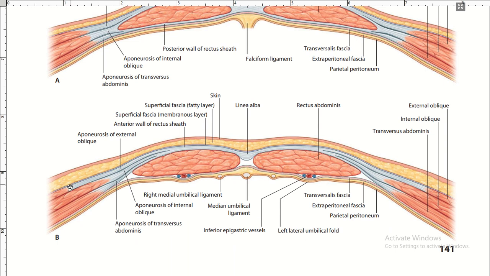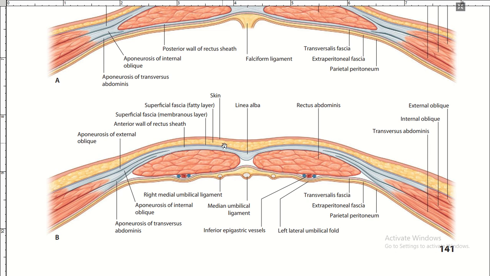You have your rectus sheath only in the anterior wall, but it will be absent in the posterior wall. So the anterior wall of the rectus sheath is going to be formed by the aponeurosis of the external oblique, internal oblique, and the transversus abdominis.